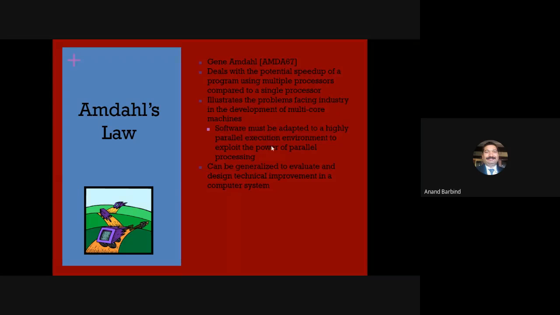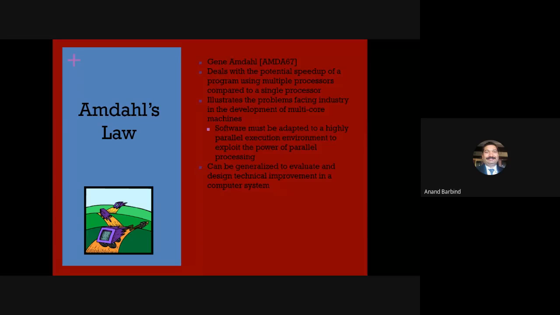And the characteristics of your program also matter. If it is possible to execute the different parts of your program simultaneously, then that will help to speed up the execution of the program. But if there is huge dependency between the different parts of your program, then even if you employ more processors, you cannot execute those parts simultaneously, because there is a lot of dependency between them.